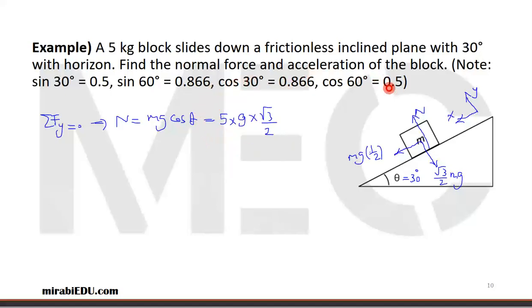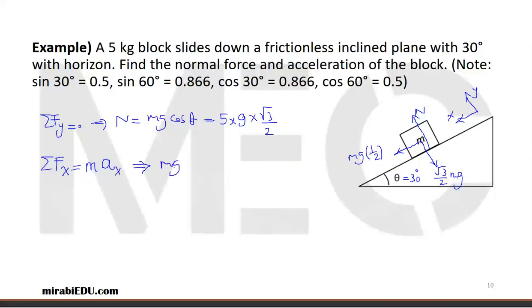And then the acceleration of the block. There is no force of friction. It's a frictionless inclined plane. So there is no force other than this acting on it. So can we apply Newton's second law? Yes. Sigma F of x is equal to m a of x. So we'll have acceleration in this direction. It accelerates to slide down. What is the force?